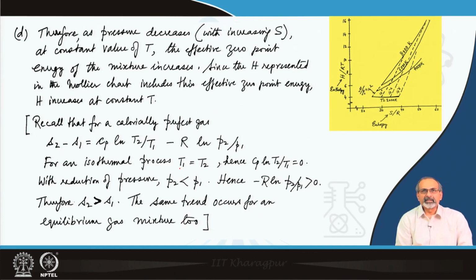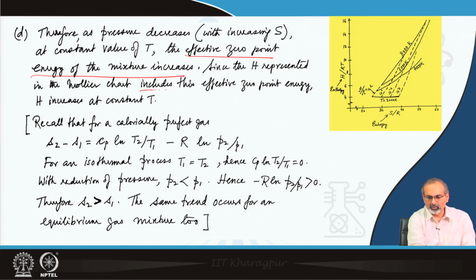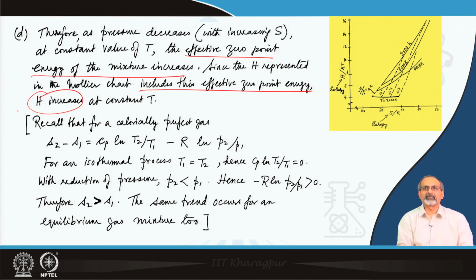Therefore, as pressure decreases, with increase in S at constant T, the effective zero point energy of the mixture increases. Since the H represented in the Mollier chart includes the effective zero point energy, H would significantly increase even though you are at constant T the moment you start reducing the density.